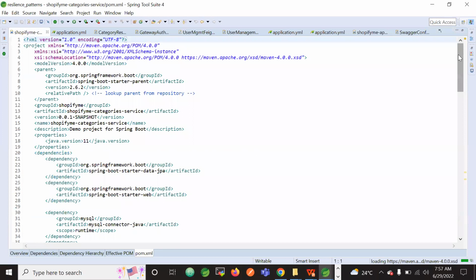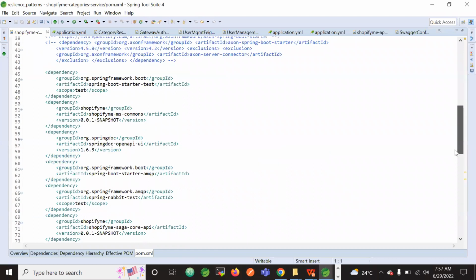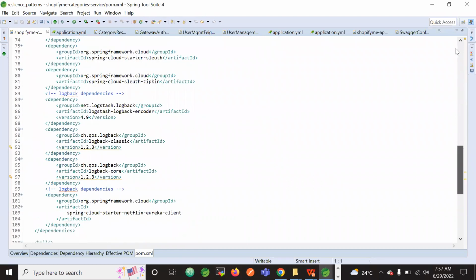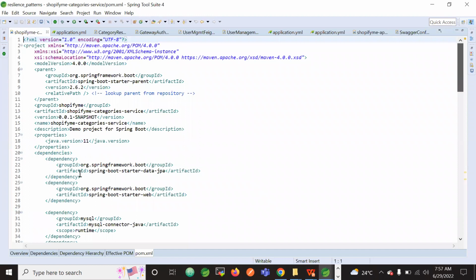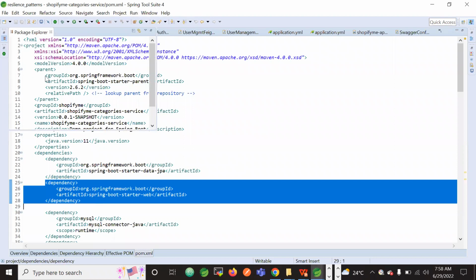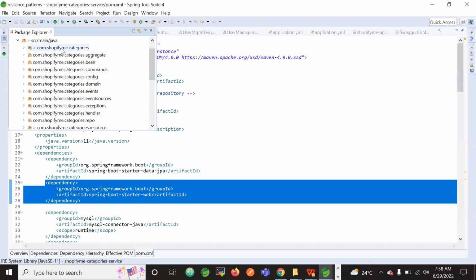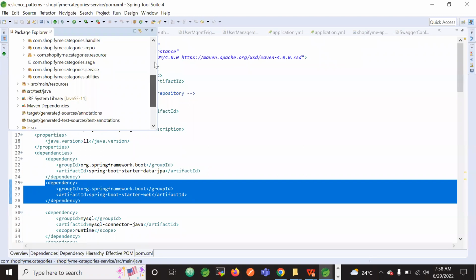Of course, three containers are there by default, but one of them will be enabled. So it comes up with a Tomcat server of its own, with its own JDK, and only the code related to categories, no other services.